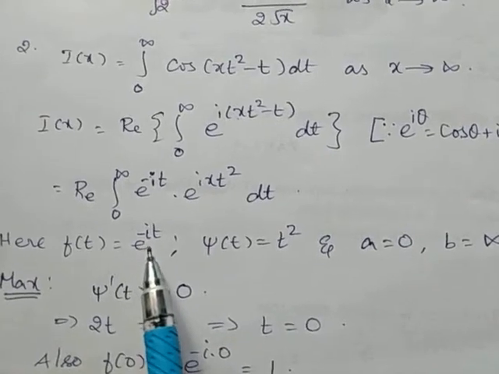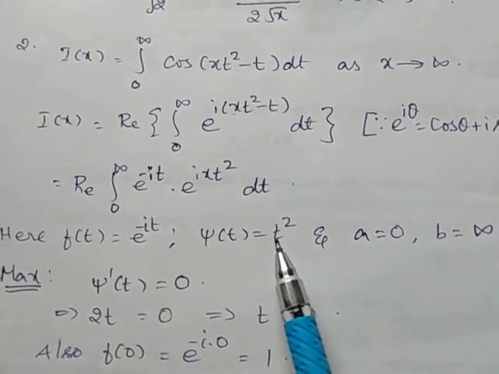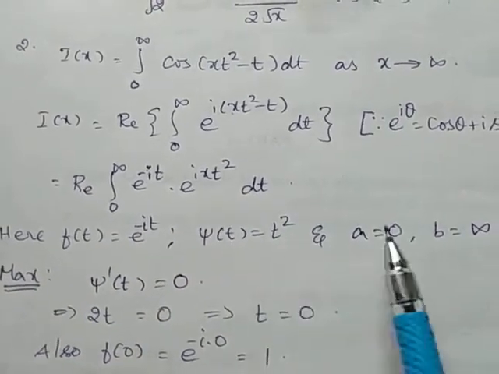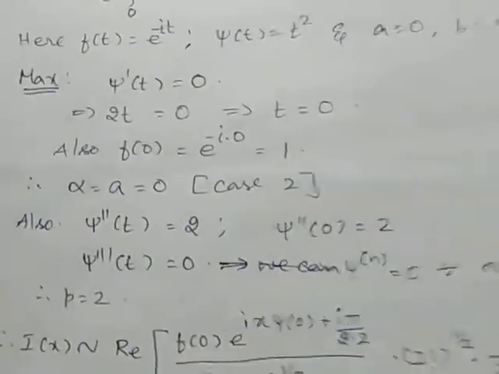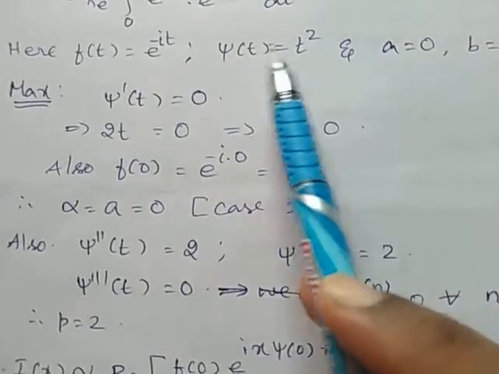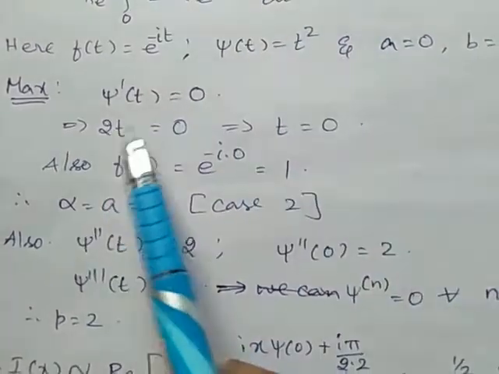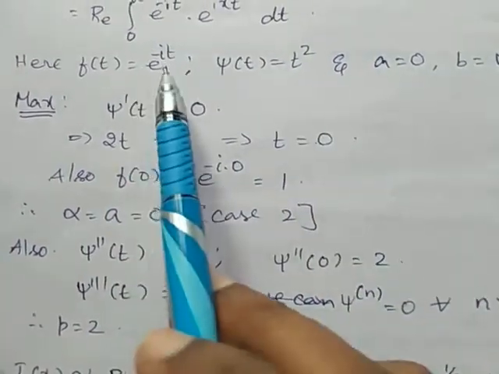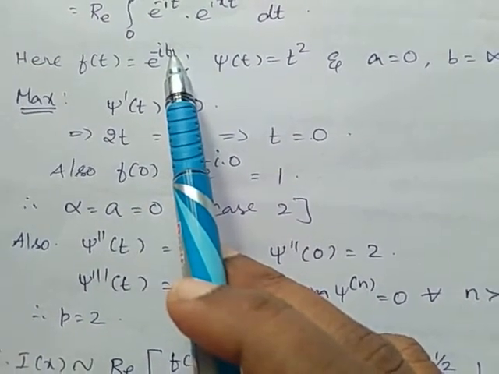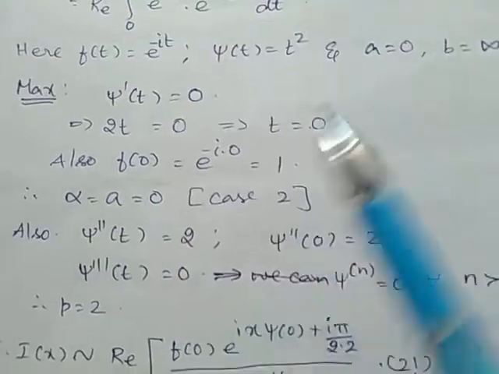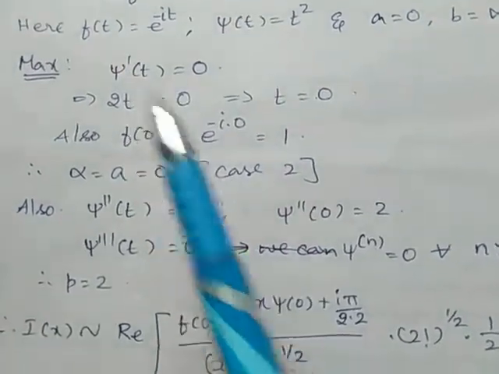So f of t is e power minus it. Xi of t is t square, a is 0, b is infinity. To find the maximum value, differentiation of t square is 2t equal to 0. So when I substitute 0 here, e power 0 is 1, it is not equal to 0, so we can proceed. Differentiate it twice, we'll get 2.